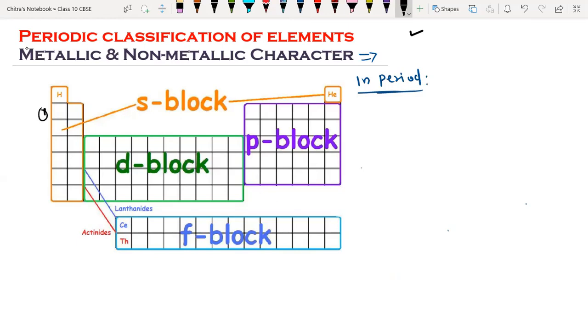That's why we have taken the second. Here we have lithium, after lithium we have beryllium, then boron, then carbon, then nitrogen, then oxygen, then fluorine, and then neon.